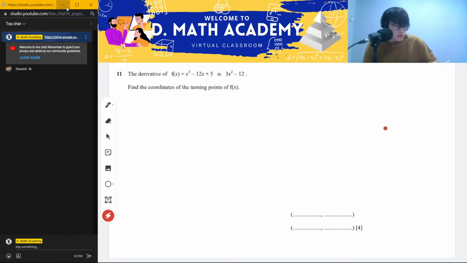So looking for turning points, they already arranged it for you. This is 3x squared minus 12 here. Remember, when they ask for turning points, it means that they want you to set your derivative or your gradient function, your dy dx here, equal to 0.